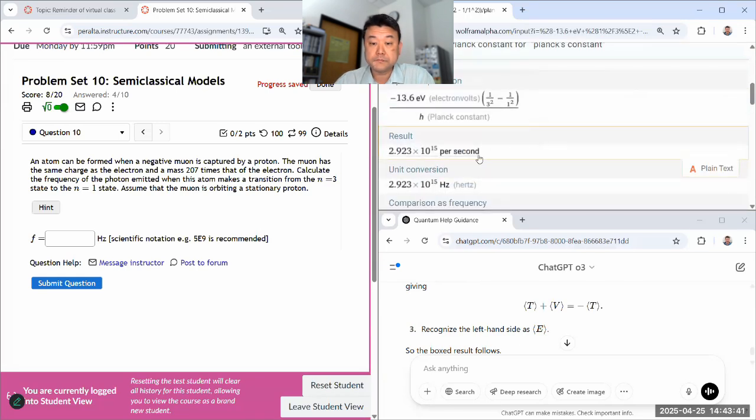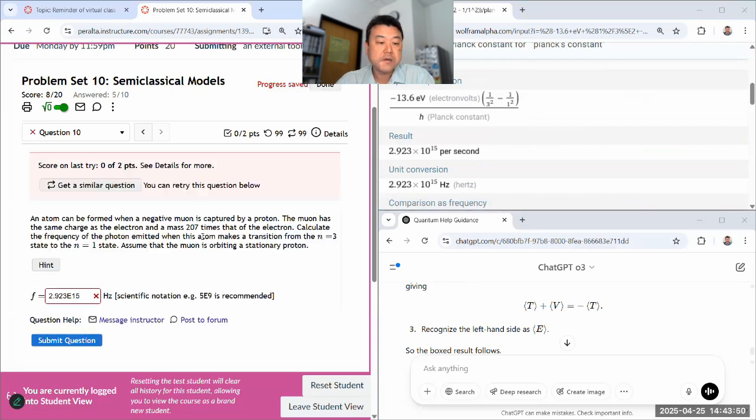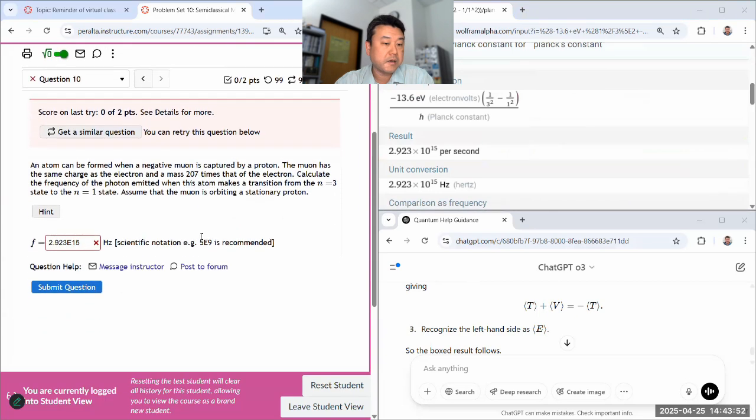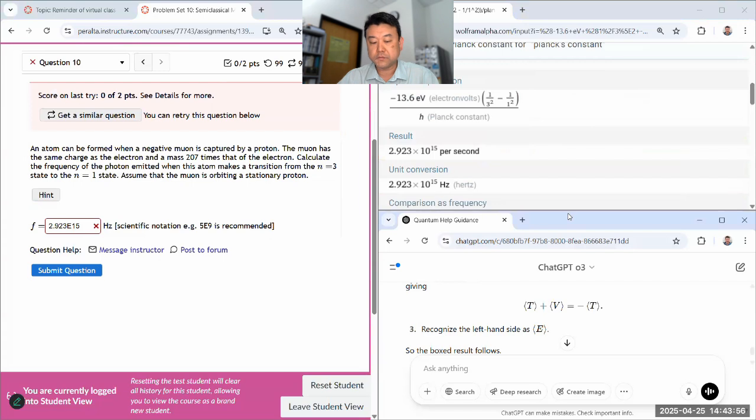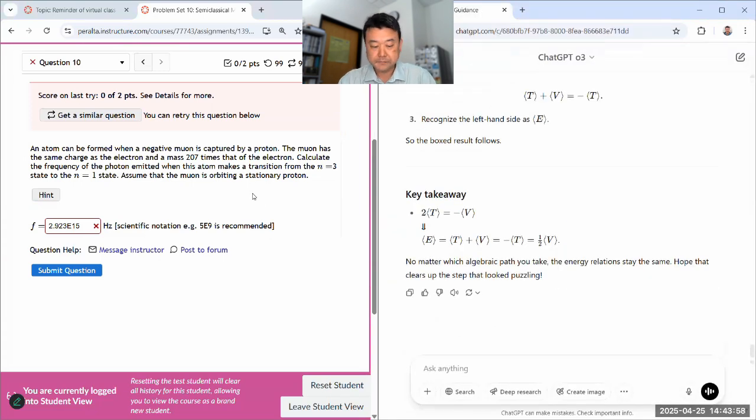So 2.923 E15 hertz. It'll be wrong. 2.923 E15 hertz. Again, still wrong. And I asked ChatGPT, I used the Bohr model formula, what's wrong? Can you help?